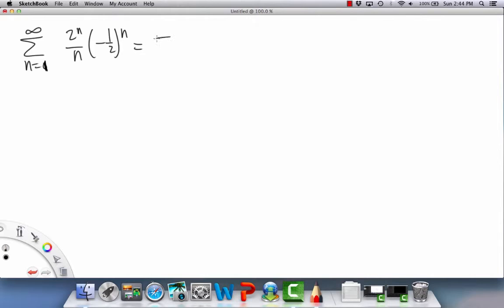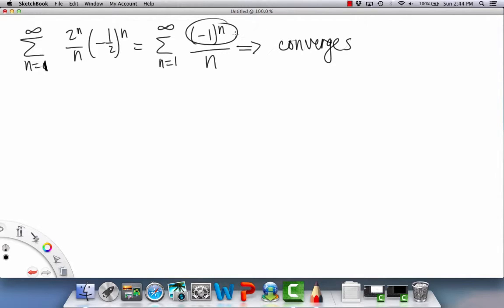The 2 and the negative 1/2 combine into negative 1 to the n over n, and as we know by the alternating series test, this converges. It's the harmonic series, but it has this factor of negative 1 that helps it converge. So we're going to have a square bracket on the left side of negative 1/2.